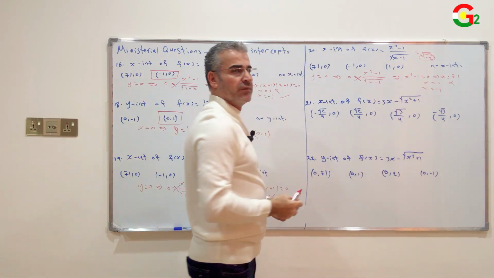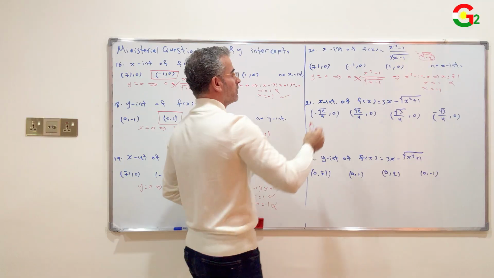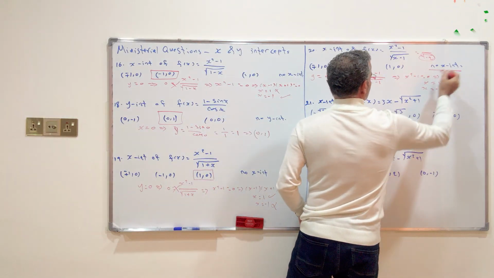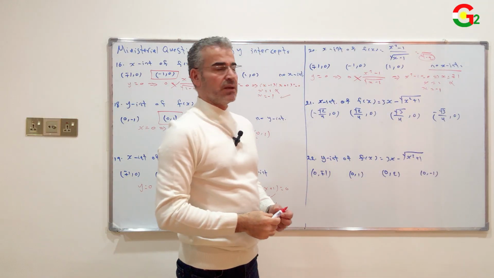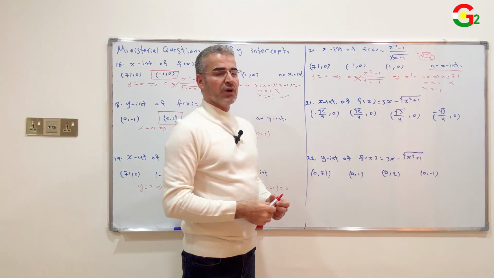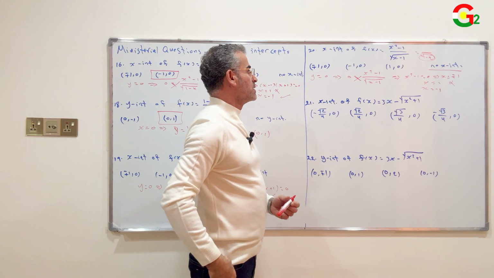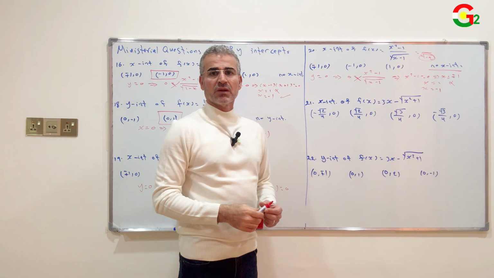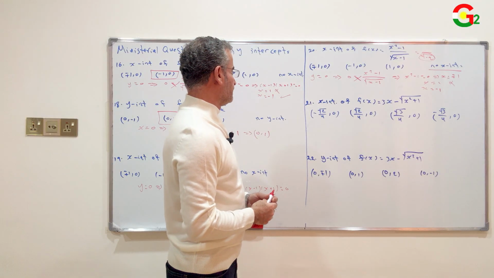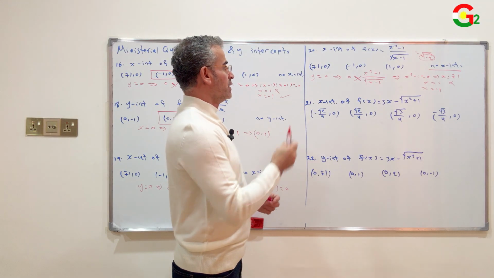We have an undefined term, then there is no x-intercept, since x equals negative 1 is not in the domain of this function. The right choice is D.